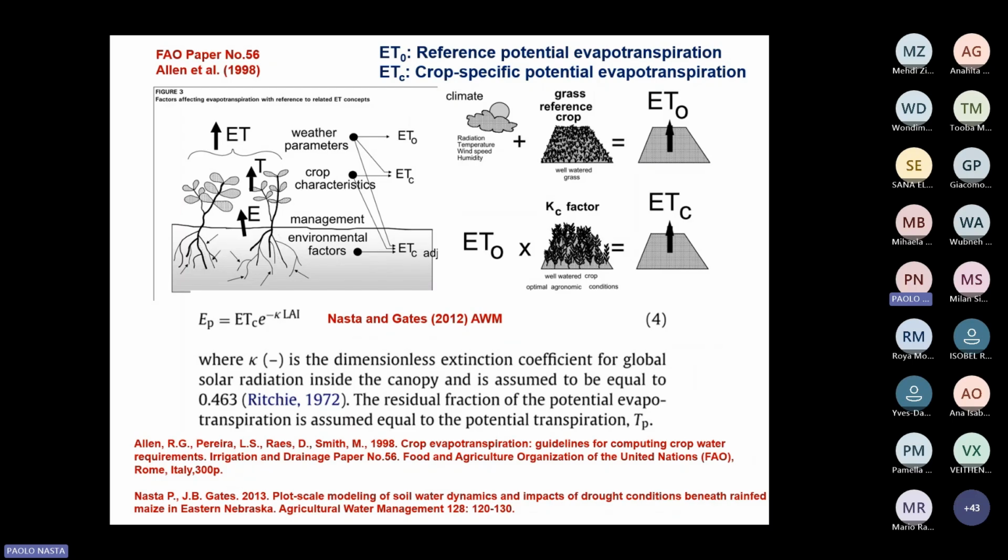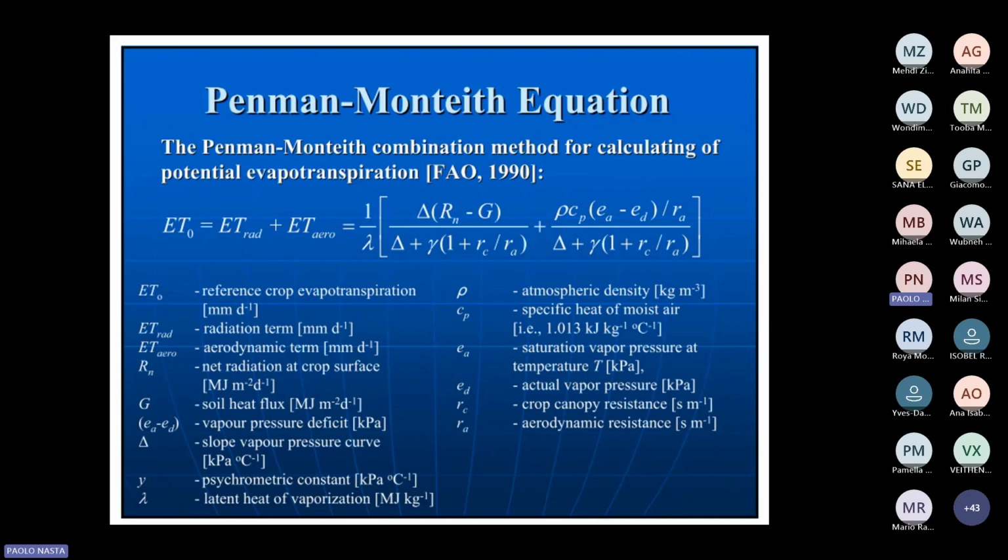And so there are all the options, all the equations, if you miss some data, if you need to do other things. But this equation is the benchmark equation, and we must refer to this equation as the best that we can do to estimate the crop reference potential evapotranspiration.